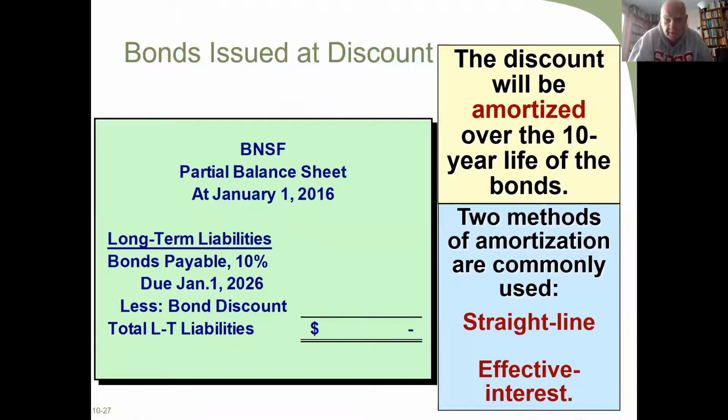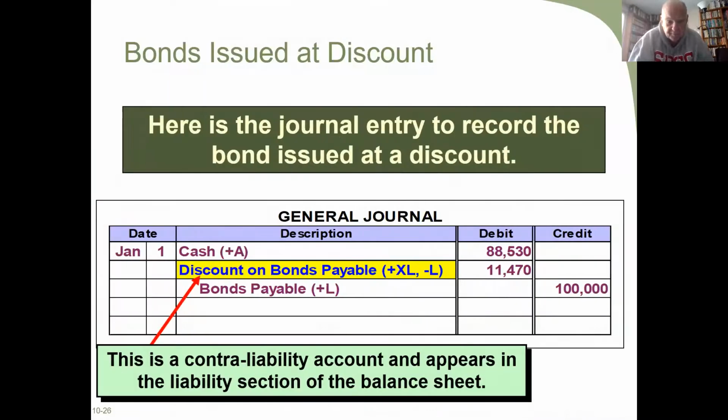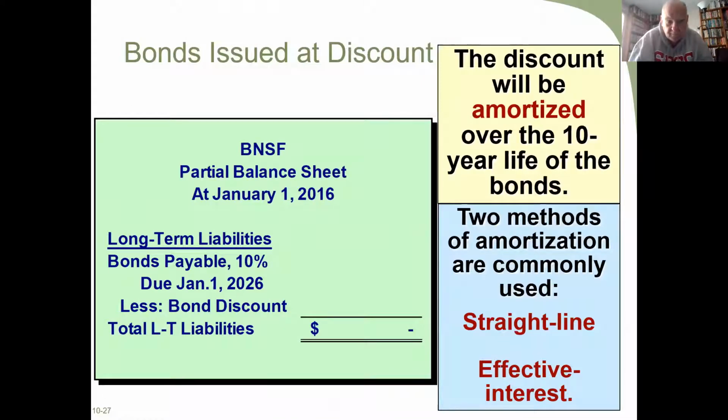So we are now going to amortize. Okay, good. We're now going to start amortizing. But before we do that, let's look at our balance sheet. This is how it's going to look on your balance sheet. The bond payable will always be $100,000 on the general ledger.